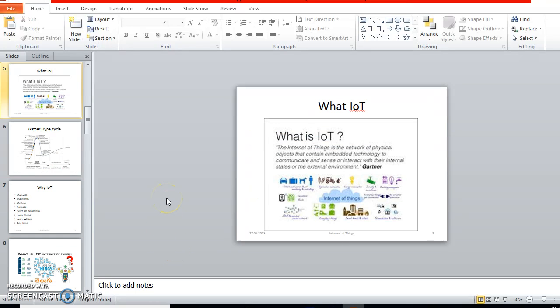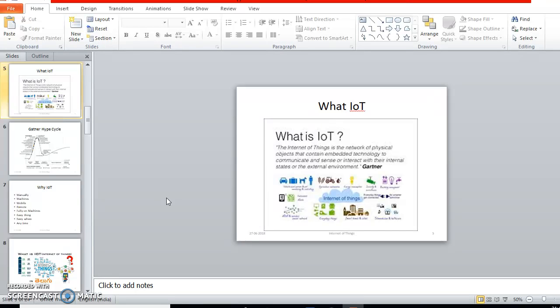This is about IoT, and now the Gartner definition of IoT. The IoT is the network of physical objects that contain embedded technology to communicate and to sense or interact with their internal states or the external environment. That's the thing. With the help of embedded technology, we are communicating and sensing the internal and external environment of the particular thing.